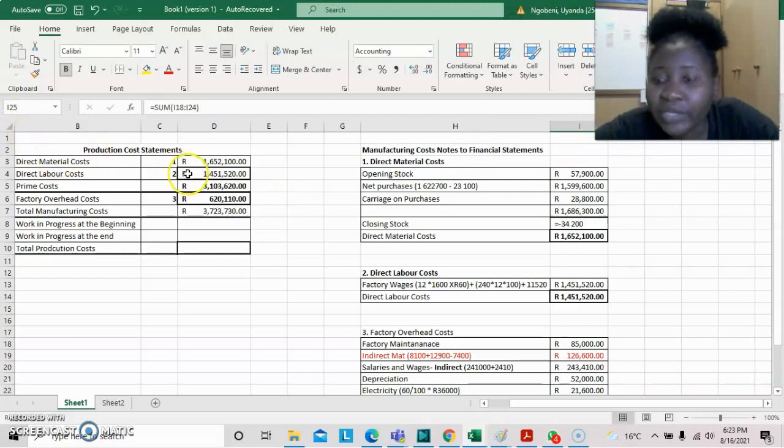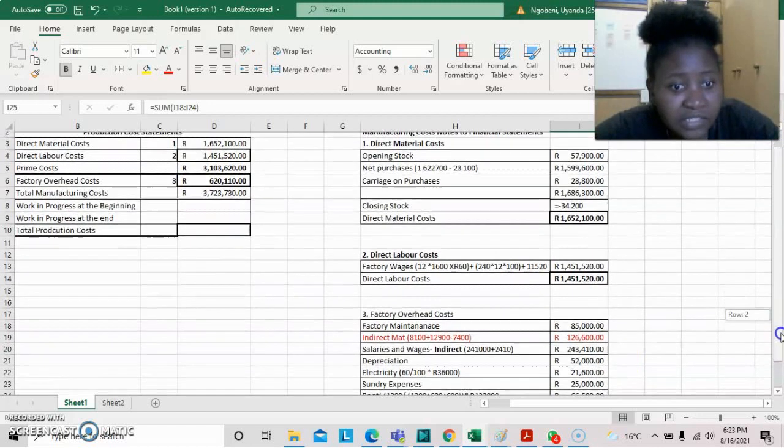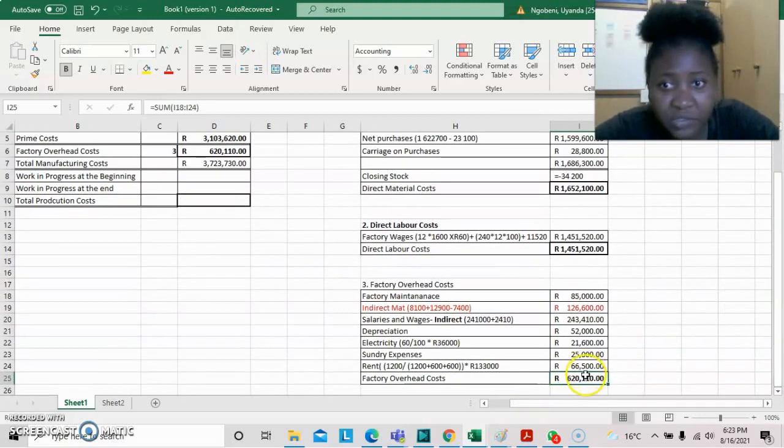If you notice here, we were able to work out our direct material versus our direct labor, and then we got our prime cost. The factory overhead cost is exactly this total here. We took it as it is and put it there.